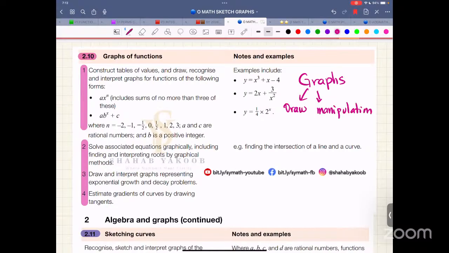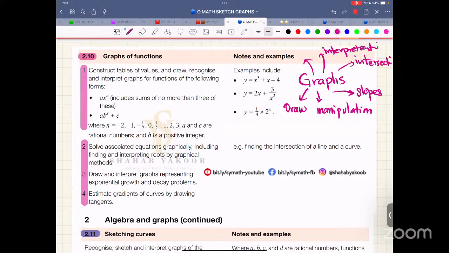This is about slopes, gradient. This is about intersection of line and a graph, line and a curve. And then it is also about some types of interpretation. So interpretation, and this one is intersection. Do not mix the two.